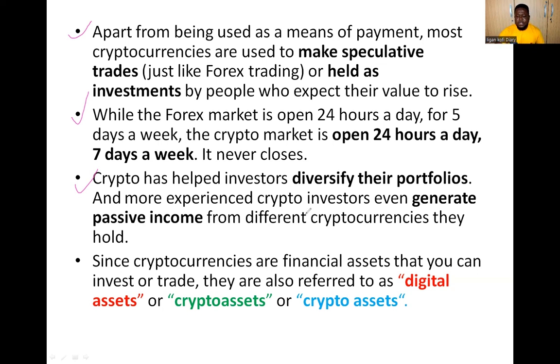And more experienced crypto investors even generate passive income from different cryptocurrencies that they hold. Yes. So like I was telling you, they hold it for a while and then it begins to go up, they make profits. So they buy at low and then they cash out at high. Buy low, sell high. That is what they do. When the cryptocurrencies fall, they buy. And when they rise, they cash out with big profits.